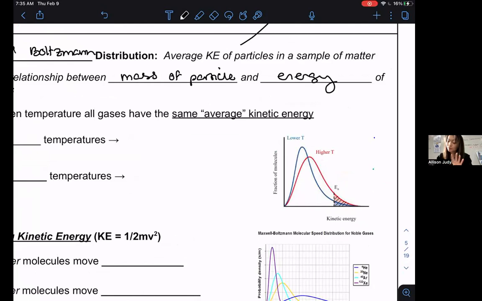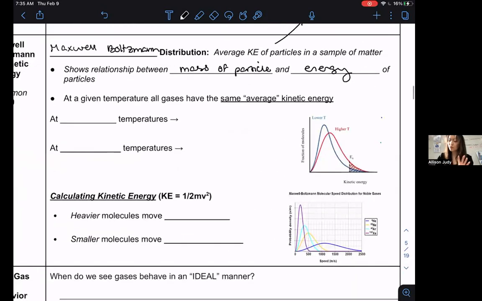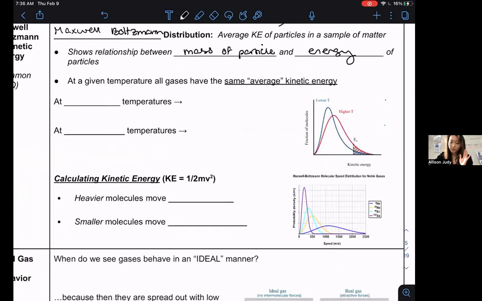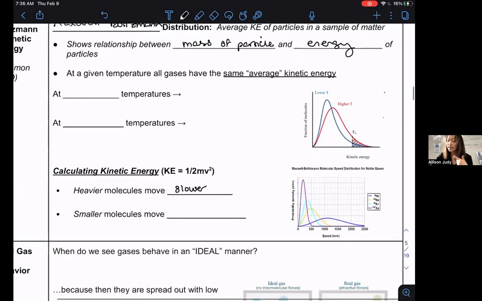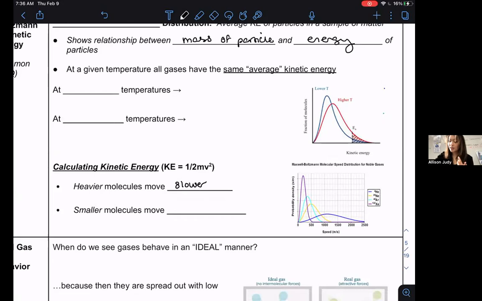And the larger or heavier a molecule is, the slower it moves to create the same amount of kinetic energy. And the smaller molecule, the faster it moves to create the same amount of kinetic energy.